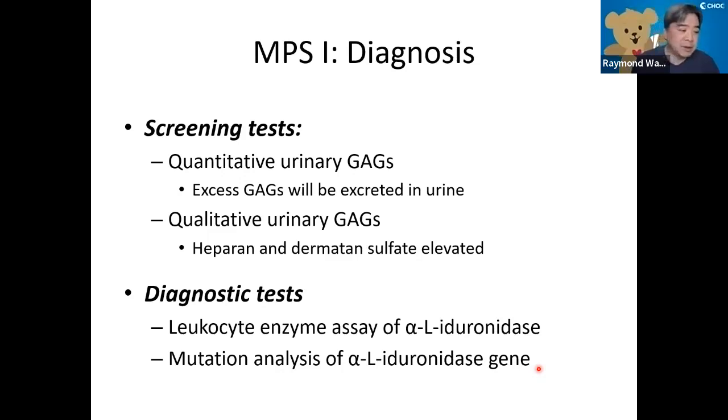Some other MPSs, especially MPS2 and 4, may have deletions or rearrangements or intronic variants. So we often depend on a combination of all of these to arrive at a diagnosis.